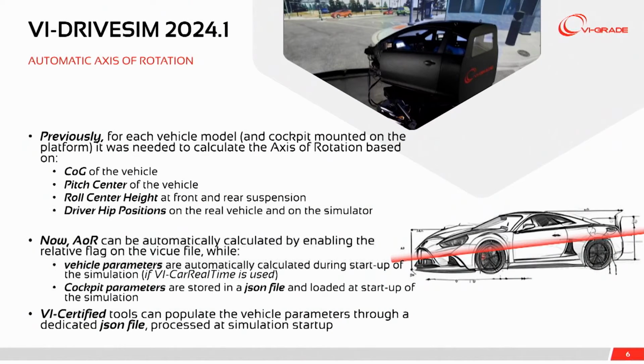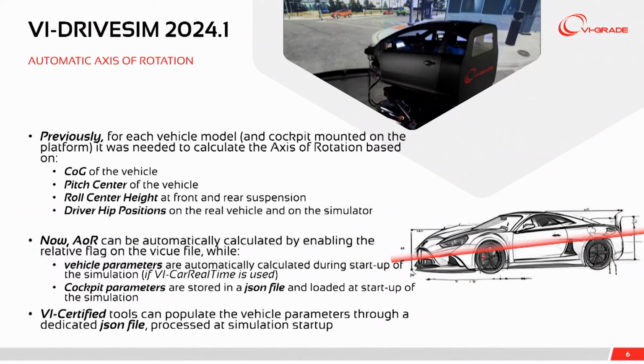Another area where there's significant change in VI-Sim is around the way axis of rotation gets calculated. Prior to this release, you had to go through and set up based off of COG information, pitch center, roll center data that was defined up front. There's some calculation tools to do that, but the relationship back to the model you were running was done in a nebulous way.